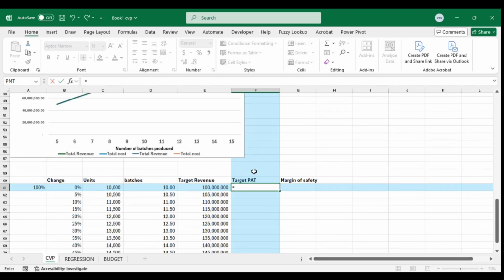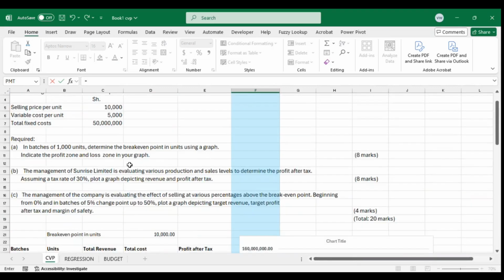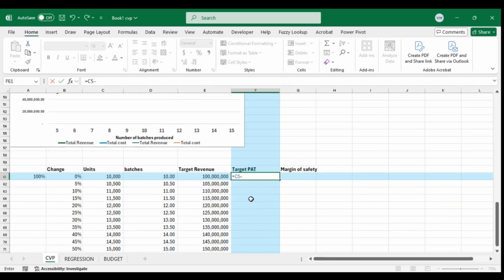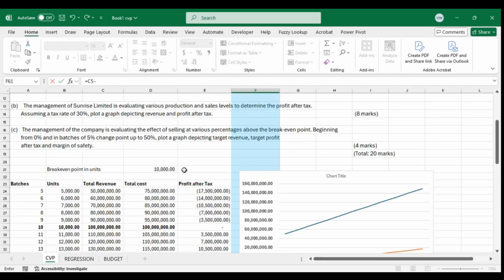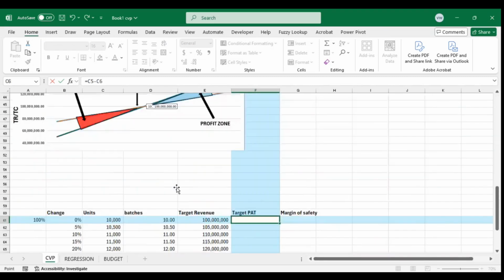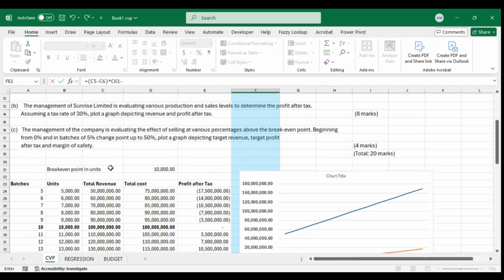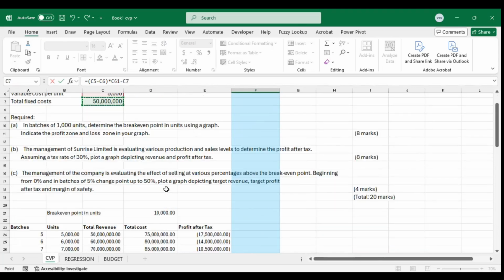We take the unit selling price minus the unit variable cost, then everything else in bracket. We multiply by the number of units, then we minus the fixed cost. The fixed cost is 50 million.